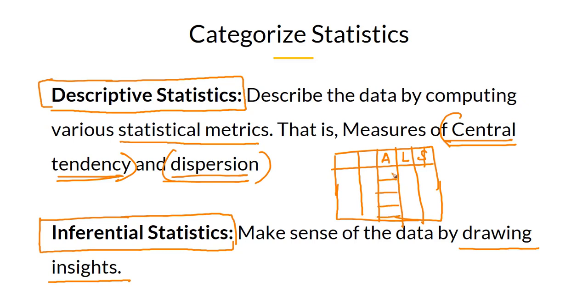For example, 90% of houses sold have an area lesser than say XYZ square feet. This could be an insight. Likewise, there could be insights based on the locality of houses, or the number of schools present around the houses. So various variables present in your data can be used to generate insights on their own. And whenever it is focused on generating insights, it's called inferential statistics.